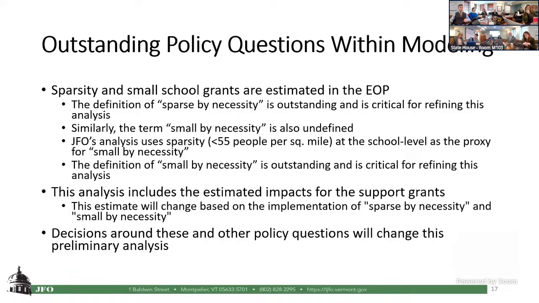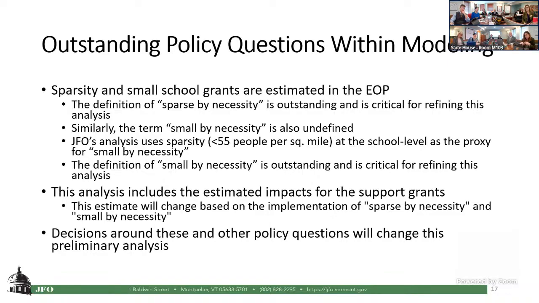And there are also outstanding policy questions within this modeling. So sparsity and small school grants are included in the estimates on your handout. However, the definition of sparse by necessity is outstanding, and having a definition is critical for finalizing the analysis. Similarly, the term small by necessity is also undefined.